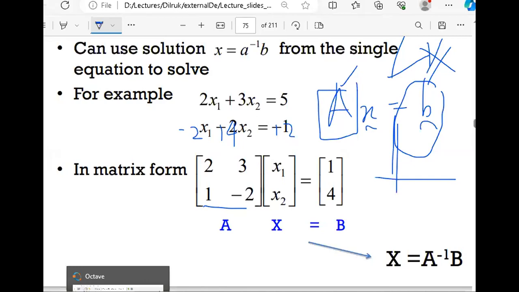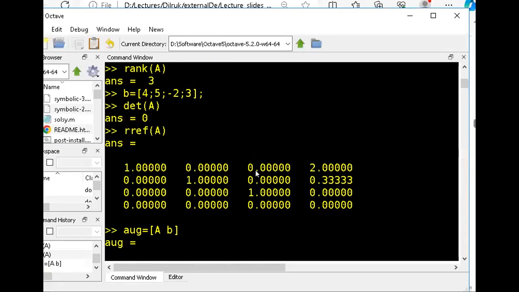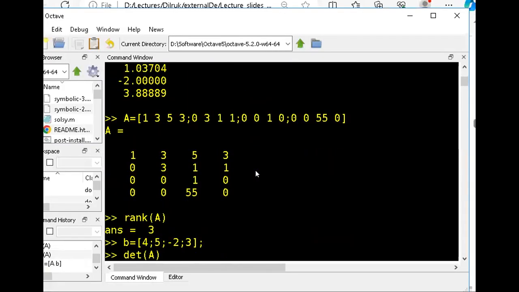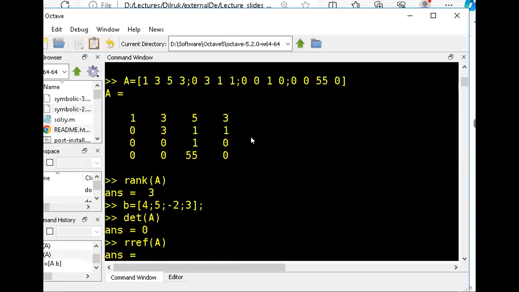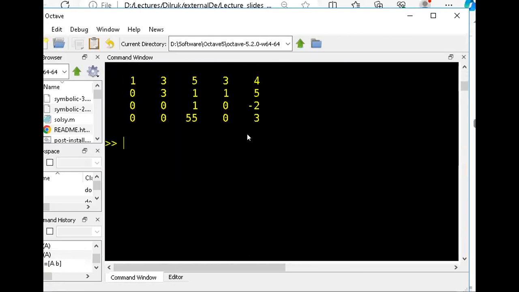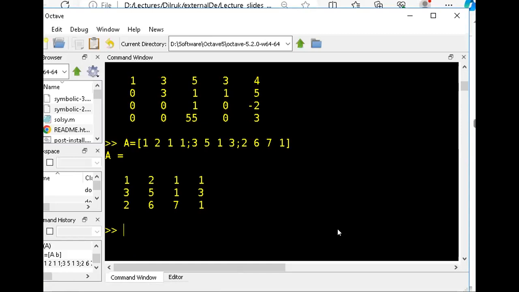So you can reduce your original matrix. Let me enter a different one.